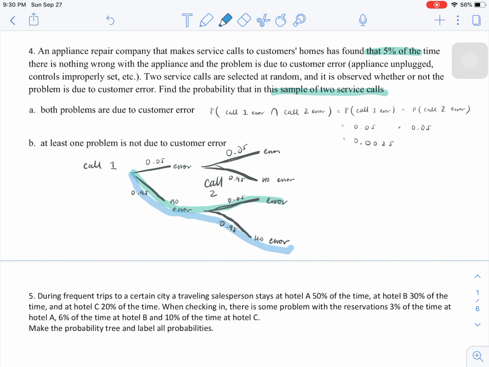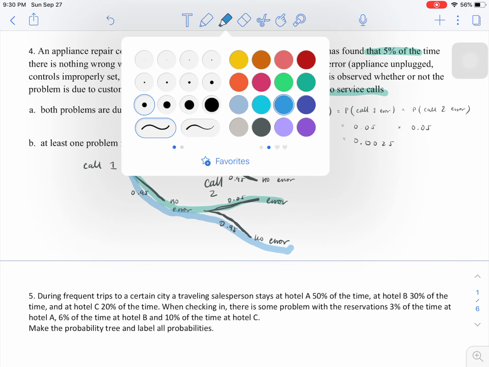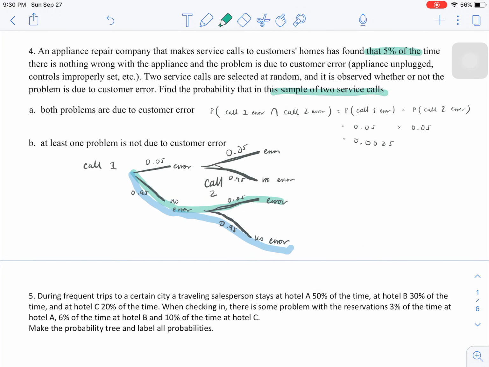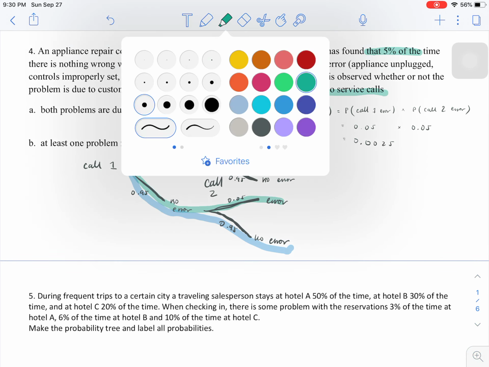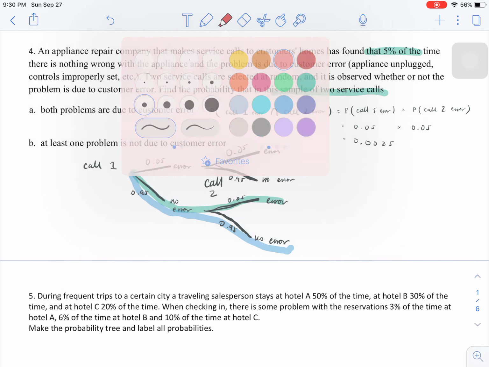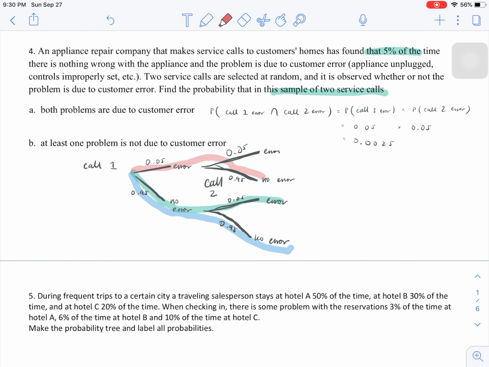That's at least one of the 2. That also happens when the first call is due to error and the second one is not. In all 3 of these scenarios, at least one of the calls is not due to customer error.